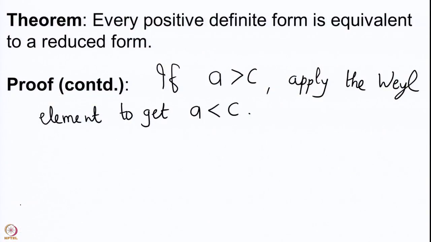Now, we have our A, there will be some B. Remember, with respect to A, we want to have some condition on B, namely that B should be between minus A and A, but B can be anywhere in the set of integers. Then we apply the transvection.